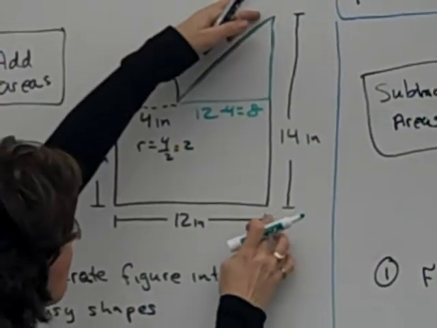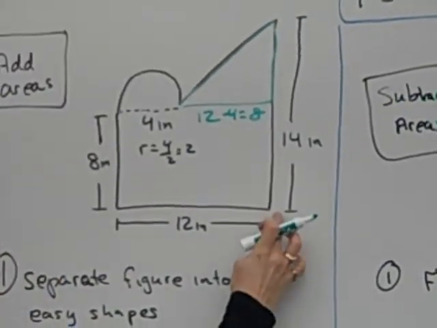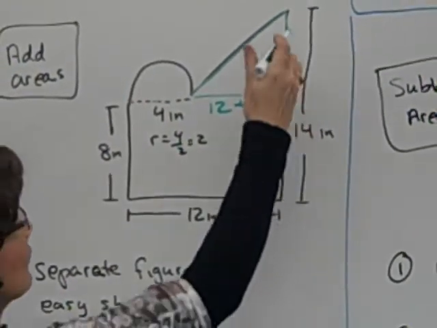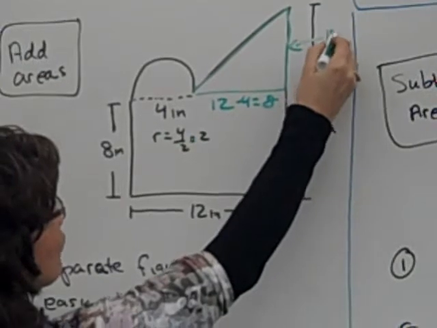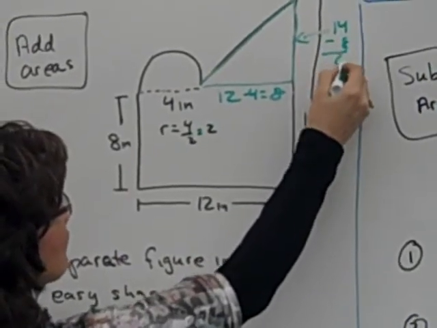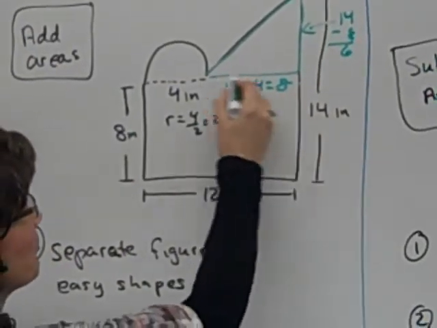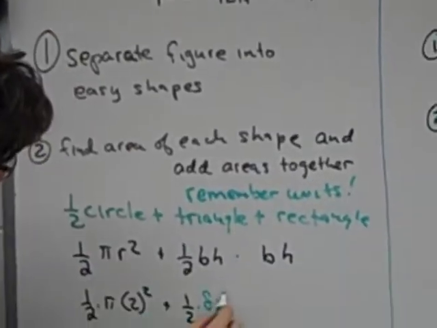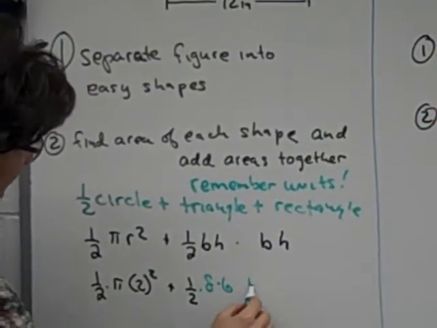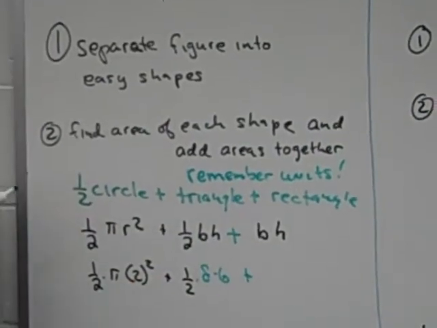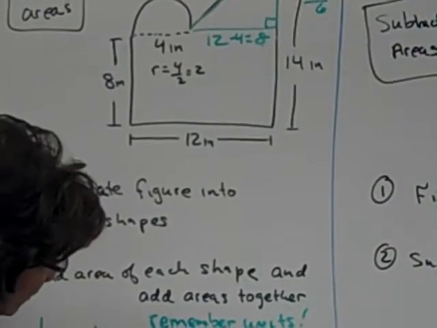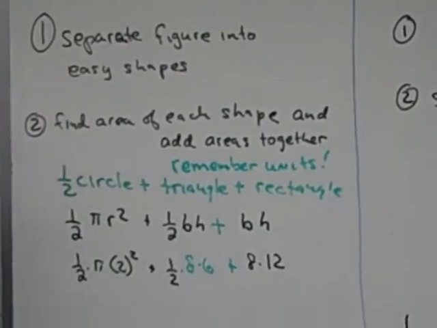I know this whole height is 14, and this is 8, so this here is 14 minus 8, or 6. So I have a base of 8 and a height of 6. Plus, then I look at my rectangle, 8 times 12, for my base and height.